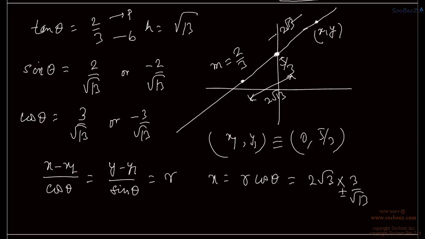Okay, so root 13 got cancelled, 3 times 2 is 6, so x can be plus minus 6. Similarly y is equal to y1 plus r sin theta, so we have 5 by 3 plus minus r, which is 2 root 13, and sin theta is 2 upon root 13, so that is 5 by 3 plus minus 4.